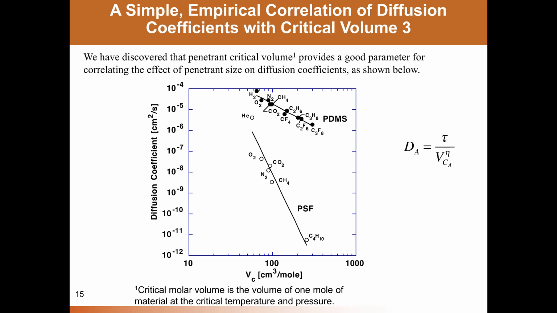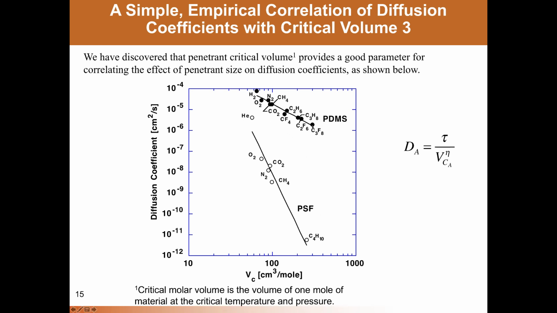And one of the things that it shows is that in the glassy material, polysulfone, where diffusion steps are much less frequent and the sizes of the free volume elements that can be readily generated with the thermal energy available, in this case at 35 degrees C, leads to very few opportunities for a large molecule like butane to diffuse, but still something tiny like helium can work its way fairly quickly through that polymer matrix.